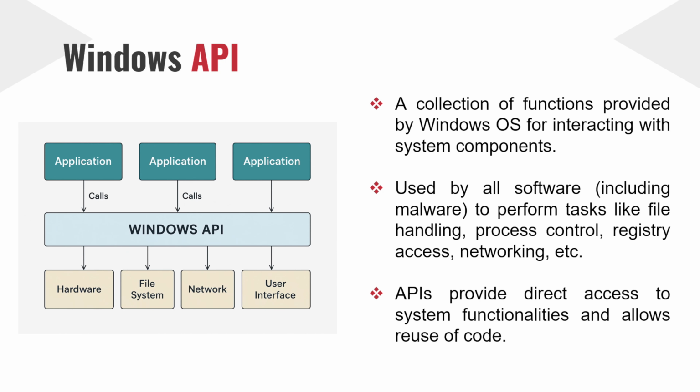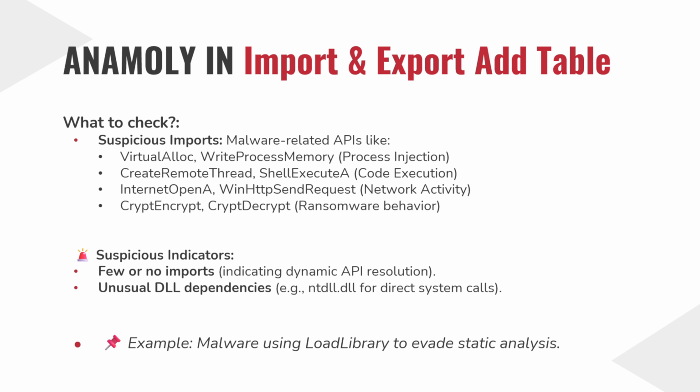So how are they misused? Malicious software uses the same APIs but with different intent. The Windows API is so powerful that it can easily be used by malware authors for malicious purposes.